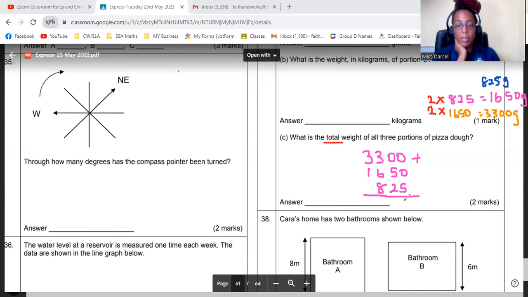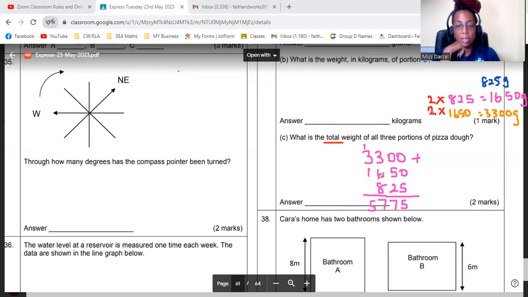Let's see what we got. 0 plus 0, plus 5 is 5. 5 plus 2 is 7. 8 and 3 is 11. 11 and 6 is 17. 1 and 3 is 4. 4 and 1 is 5.